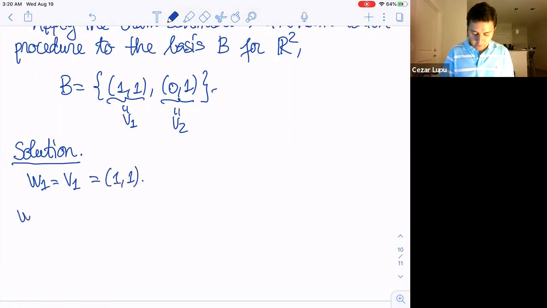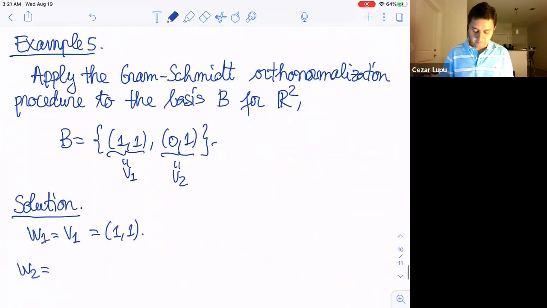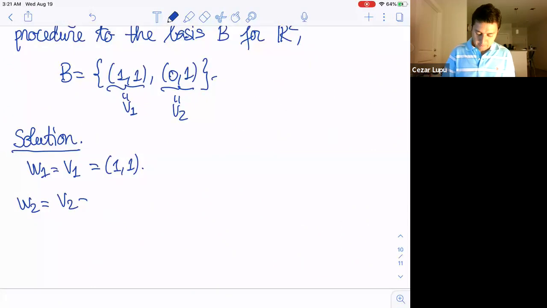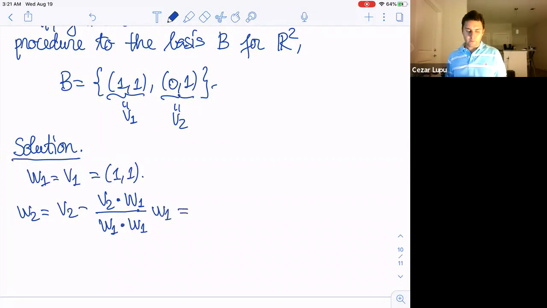And now W2, by the formula here, is V2 minus, well, since the inner product space is just the dot product, V2 minus V2 dot W1 over W1 dot W1, times W1.